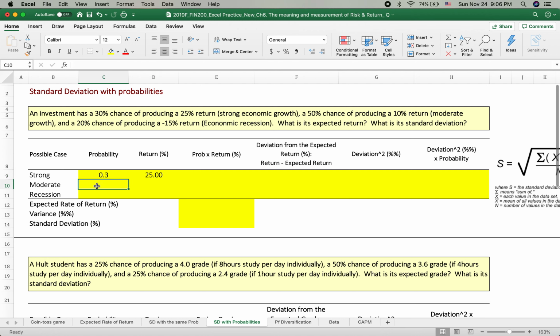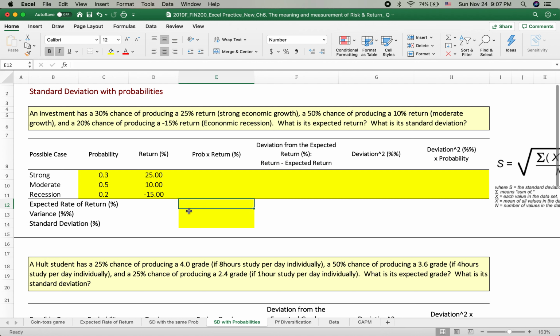Then in the moderate case, we have a 50% chance of producing a 10% return in moderate growth, and a 20% chance, sorry, of producing minus 15% in the economic recession. Then we want to know the standard deviation.